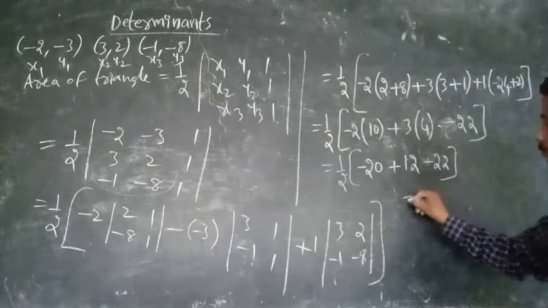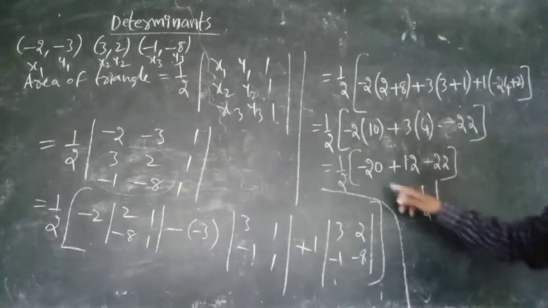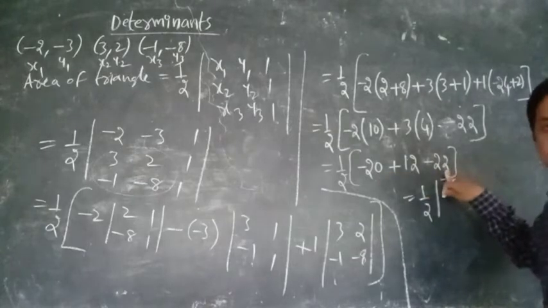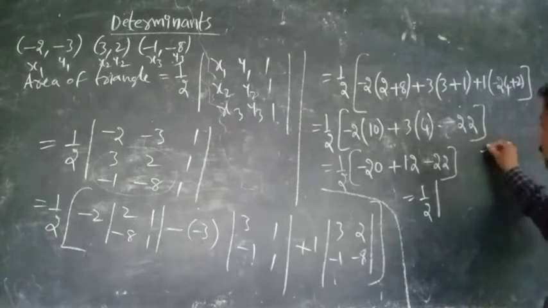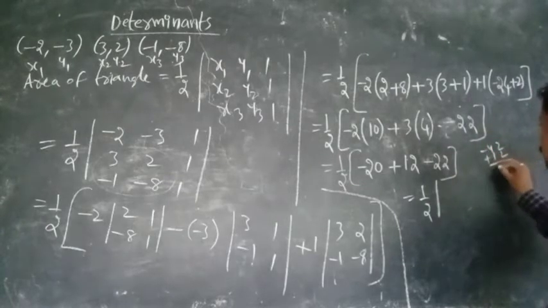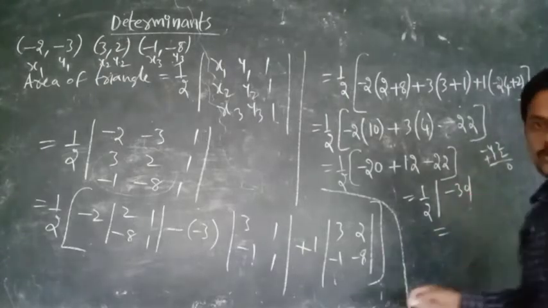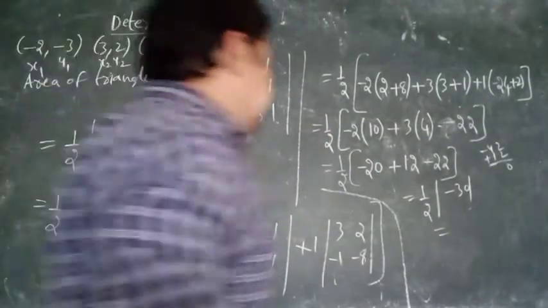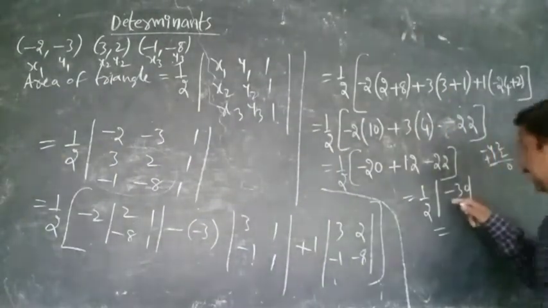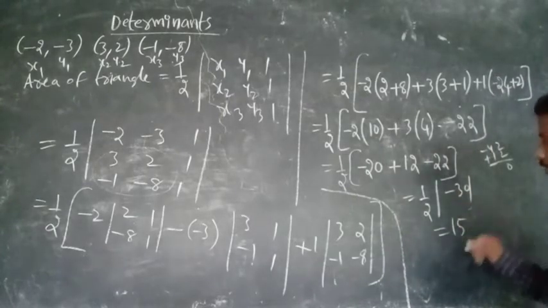What is the answer? 1 by 2 into minus 20 minus 22, minus 42, plus 12. So minus 30 by 2. Have to make it the positive value. Minus 30 will become 30, now 30 by 2 is 15 square units.